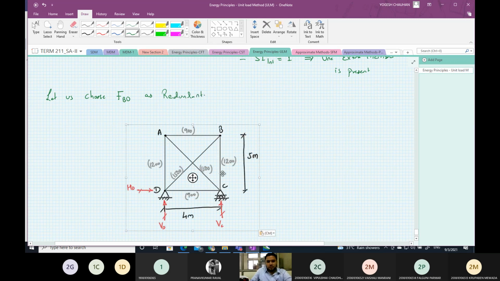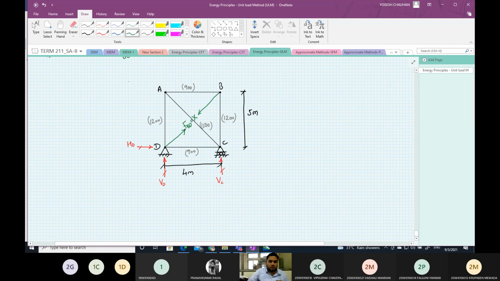So if it is redundant, this member will be replaced by a redundant, that is FBD equal to X. We call this redundant as X. So now this truss can be considered as a determinate truss.